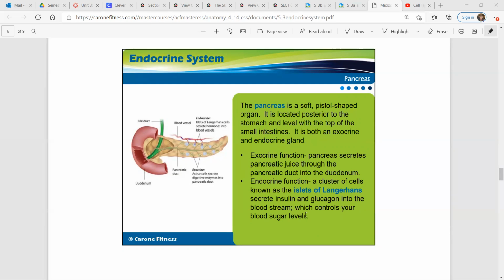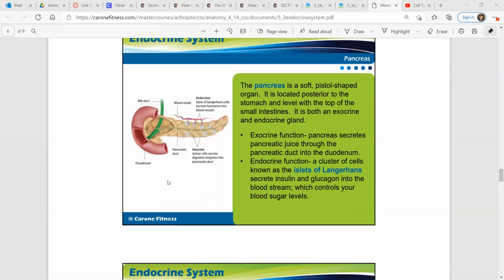While the endocrine function is a cluster of cells known as the islets of Langerhans, and it secretes insulin and glucagon into the bloodstream, and that controls your blood sugar levels. You can see the endocrine and the exocrine in this image.